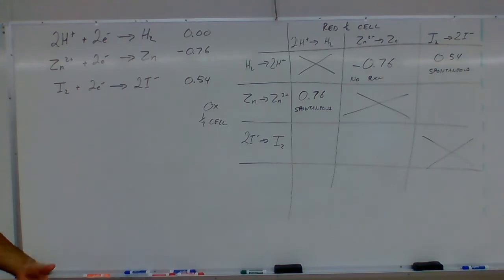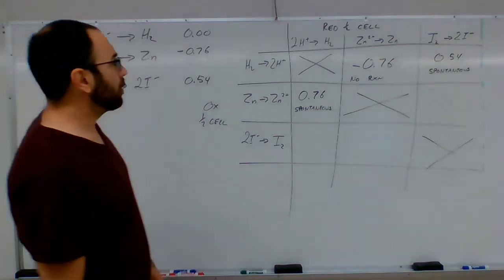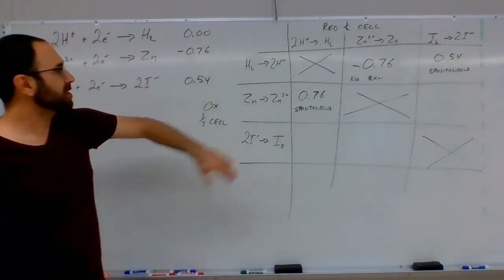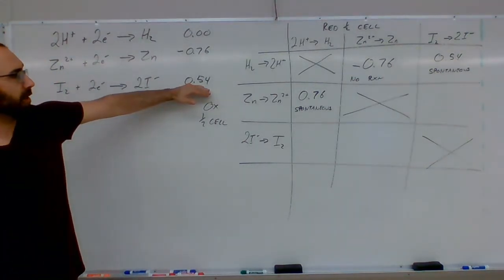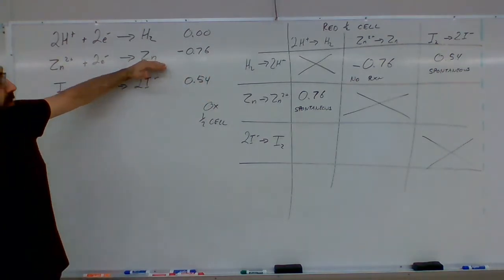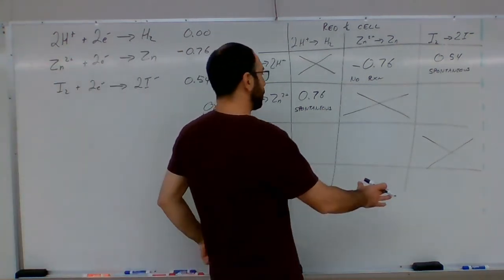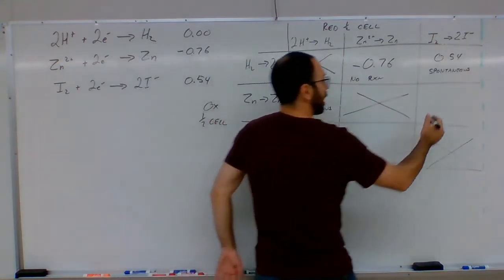Now looking at if we had the iodine being reduced and we had the zinc being oxidized, our iodine, we still have the reduction half cell, the 0.54. I'm looking at the oxidation of zinc, means I've got to flip this to be a positive. So that means my combined voltage for the reduction half cell and this oxidation half cell is 1.30. So that makes this one spontaneous.